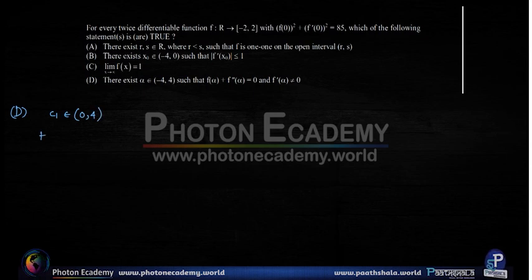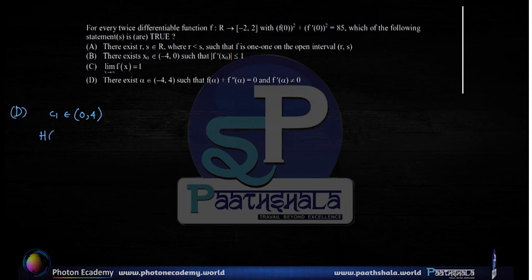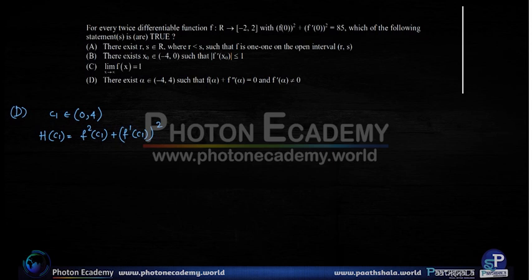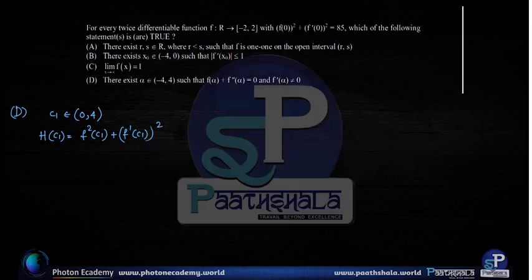Then we have h of C1 is equal to f C1 square plus f dash C1 whole square. Now, from the Lagrange mean value theorem, we know that mod f dash C1 is less than or equal to 1.